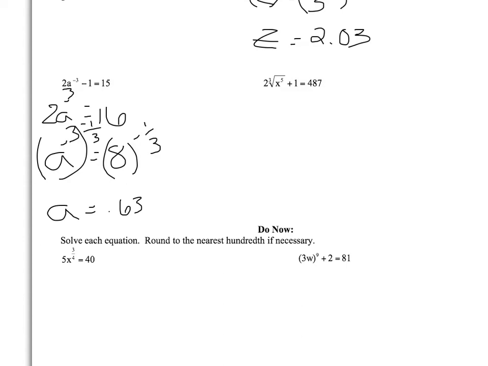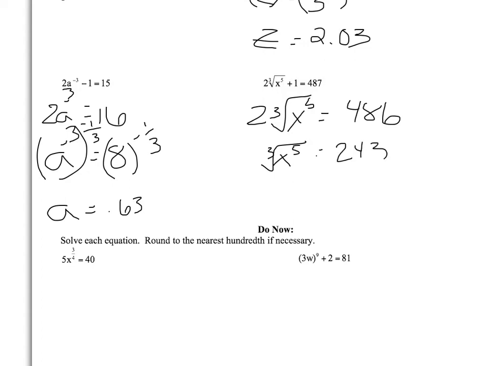And the next one, let's start by subtracting that 1. So 2 times the cube root of x to the 5th equals 486. Let's divide by 2. The cube root of x to the 5th equals 243. This cube root of x to the 5th, we learned about it yesterday.